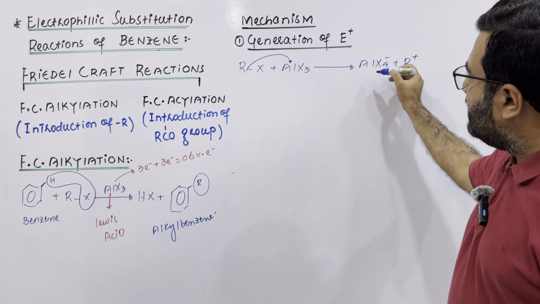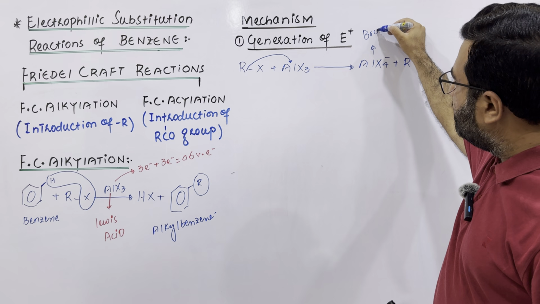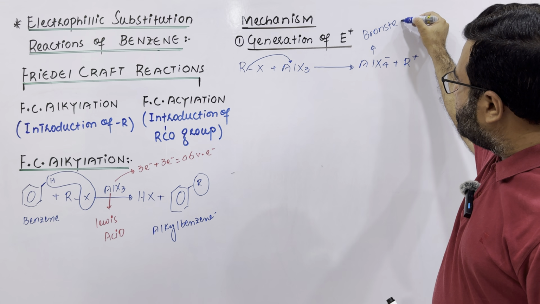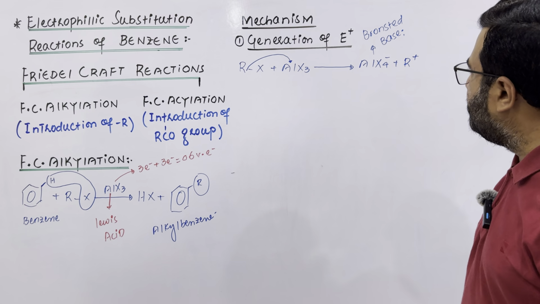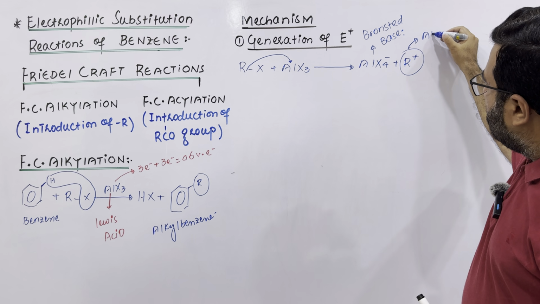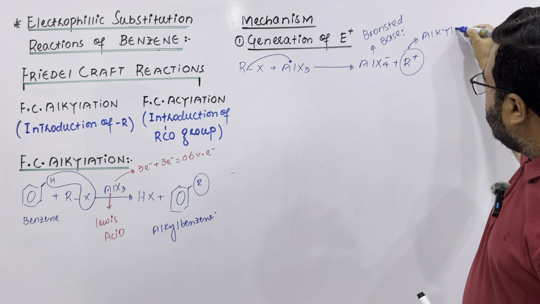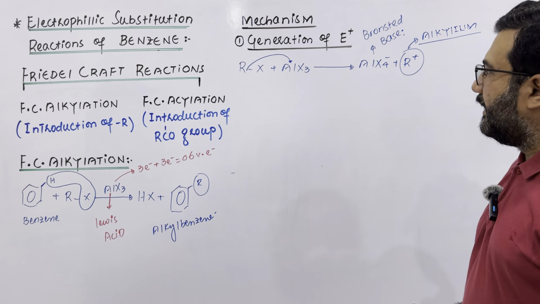My dear students, this AlX4 negative will act as a Bronsted base in this mechanism, and it will accept a proton, and this one is the alkylium ion, that will act as a strong electrophile.